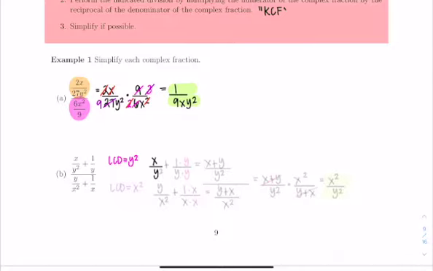But the second one is missing an additional y. So we need to multiply by y on the bottom and the top. So we end up getting x plus y all over y squared.